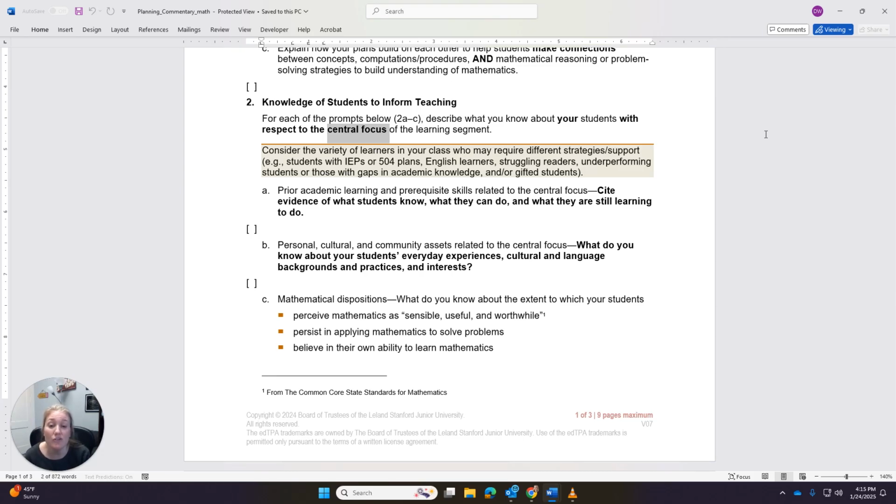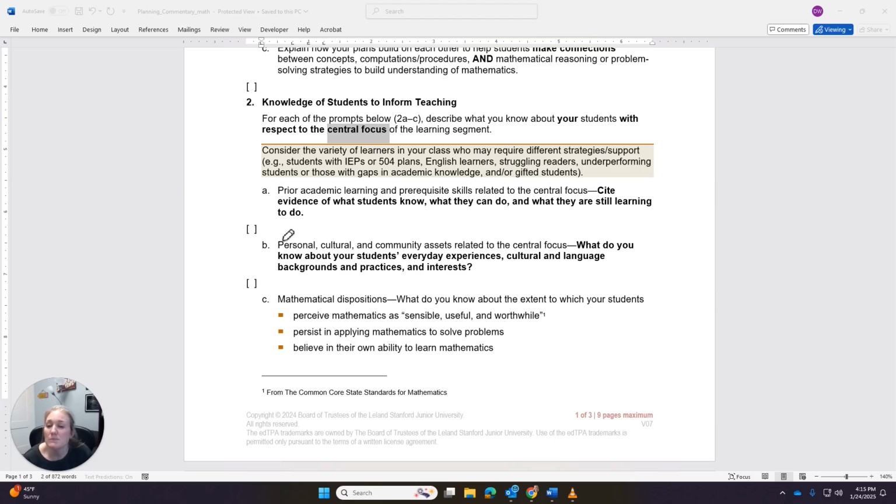It's important that I know this about my students to address the learning objective because this is usually not a problem with prior academic learning, because students usually say, in order to know this about the central focus and in order for students to understand the objective, they need to be able to do X, Y, and Z first. Perfect.